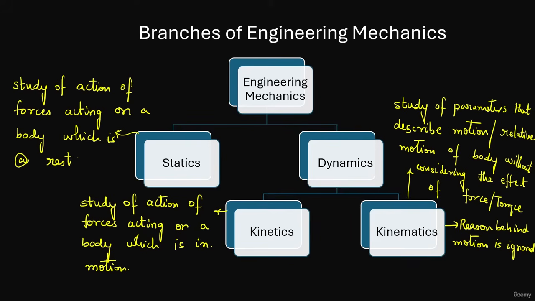So the parameters which describe the relative motion of a body are displacement, velocity, and acceleration. So we will be relating these three parameters by using mathematical equations.